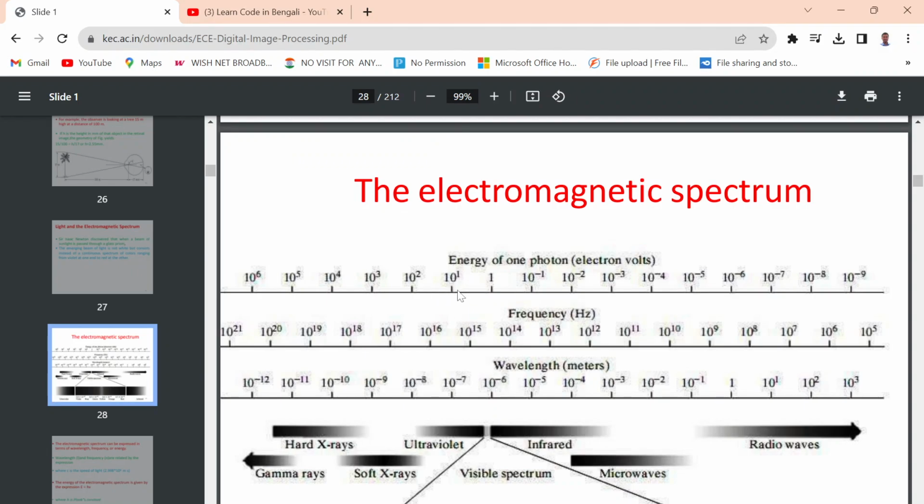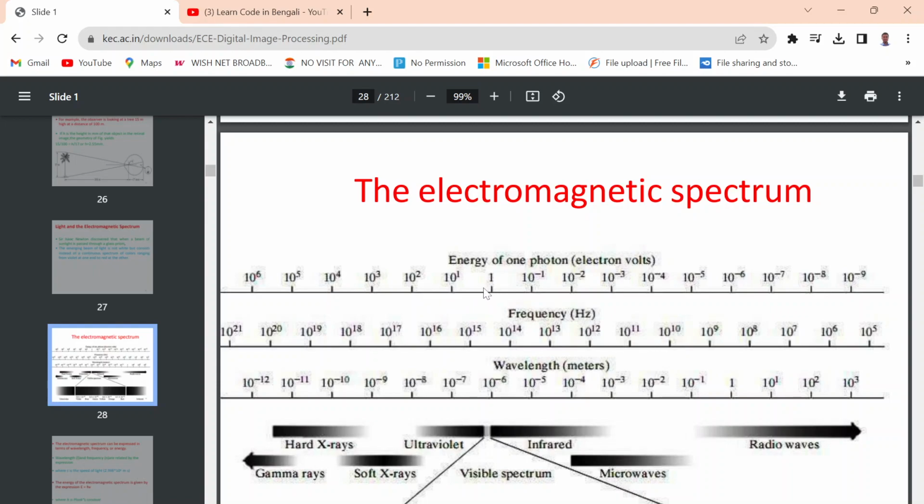Next, this is 10 to the power 0, the visible light. Oh sorry, I made a mistake. 10 to the power 2 is the infrared. It is also used in micro imaging, such as for biological purposes, or finding some distance that is not visible by the human eye.